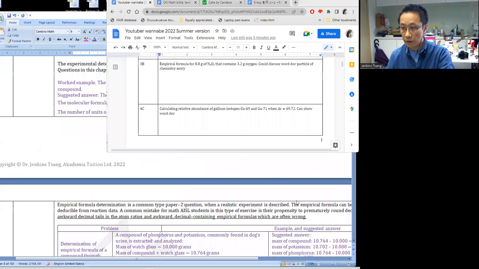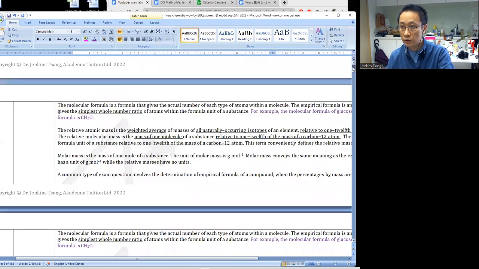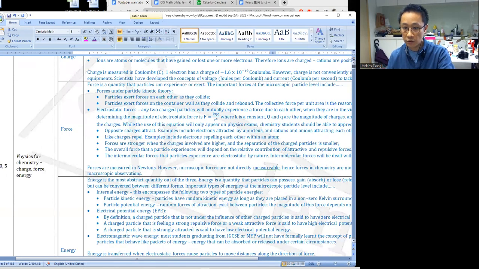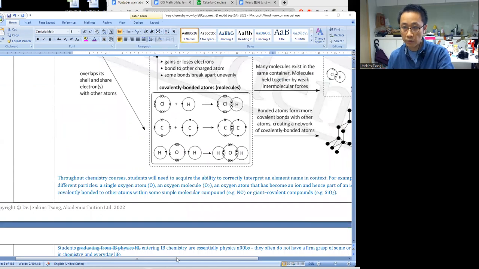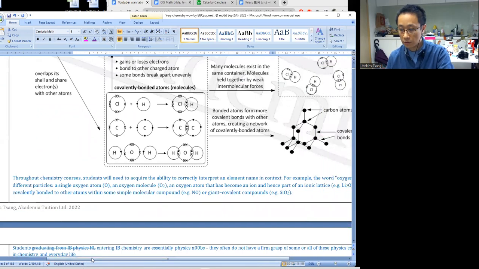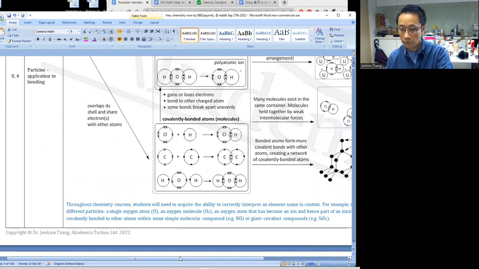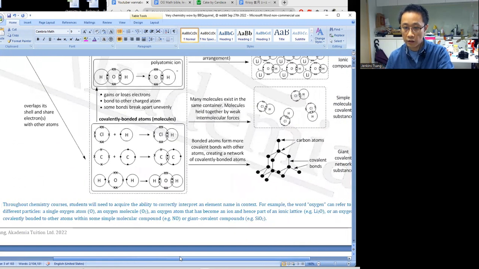My earlier discussion about interpreting an element name is quite important in the context of general chemistry. Throughout the chemistry courses, sometimes the element name is used in a way so that the type of particle being referred to is not super intuitive.